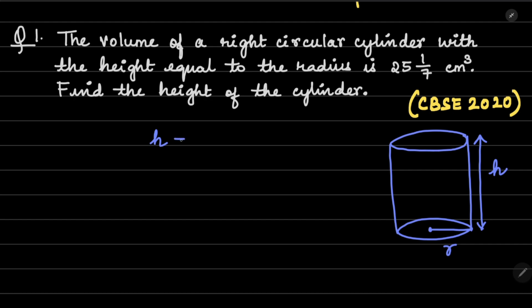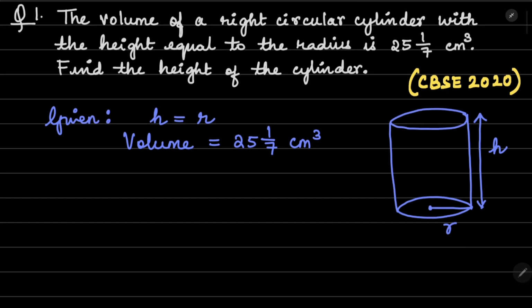You are given h is equal to r, right? Height is equal to radius, and the volume is V. The volume is nothing but 25 1 by 7 centimeter cube. This is what is given in the question.